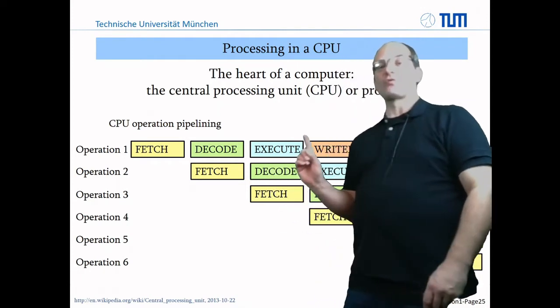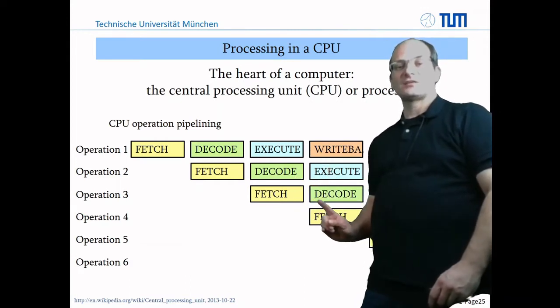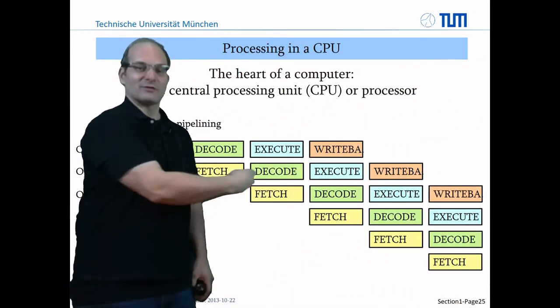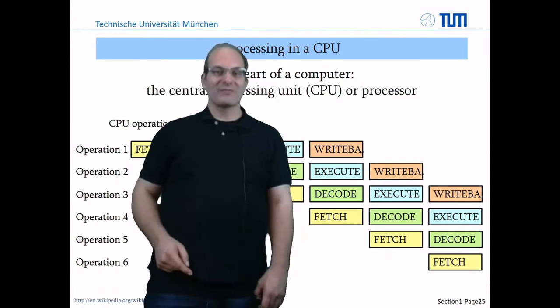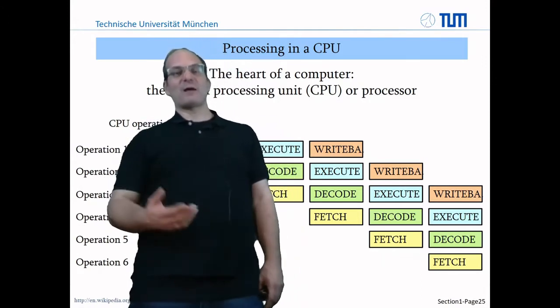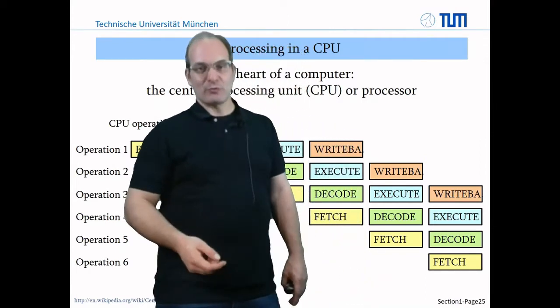And while you write back, you can execute the second, decode the third, and fetch the fourth, and so on. So that you always have more than one of these 4 steps available. So it's a pipelining mechanism. And this pipelining mechanism is quite powerful because it speeds up your processing.